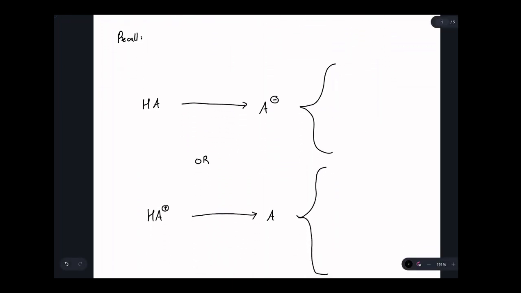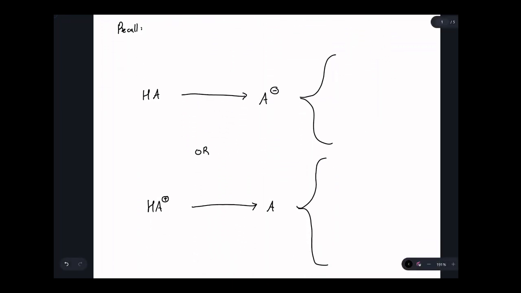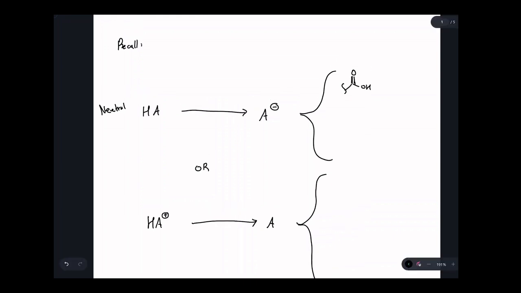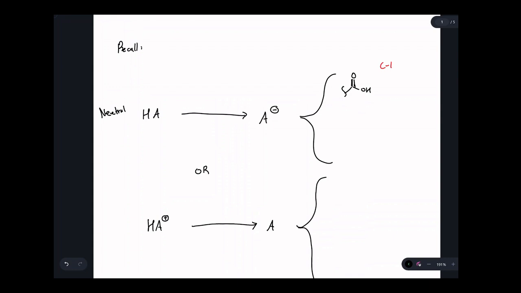As a reminder, for acids and bases, there is an HA form and an A- form. So we can have the case of neutral acids. Good cases here include the carboxylic acid. We see this carboxylic acid functional group in many different places. We see it in the C-terminus, on glutamate, and on aspartate.